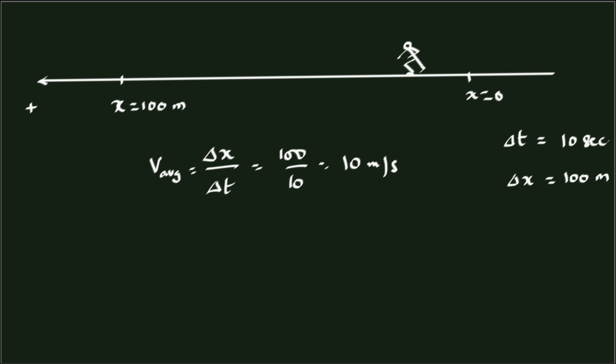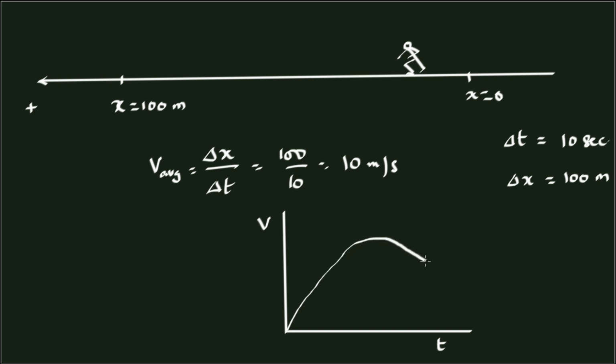We might expect that roughly, I'm just guessing, the graph of his speed versus time, I'm going to represent speed in this case with the same symbol as velocity, versus time, starts from rest. We'd expect it to go up to a maximum value and then slow down to some value like, so this is 0, and I would expect maybe as he crosses the finish line, let's say he's moving at 8 meters per second.